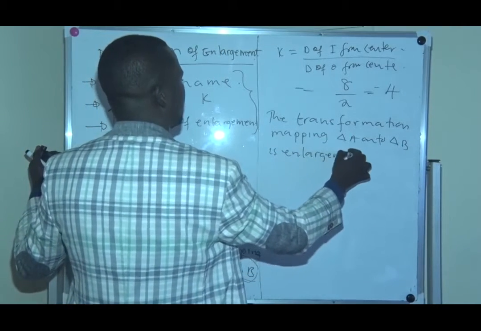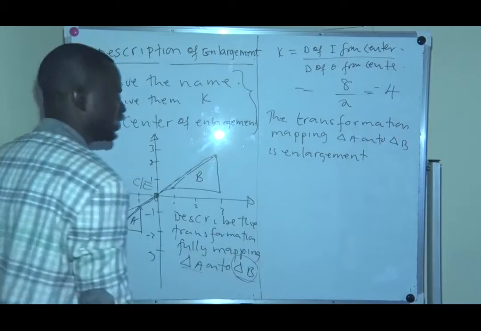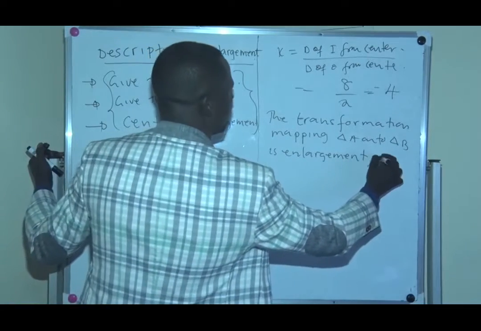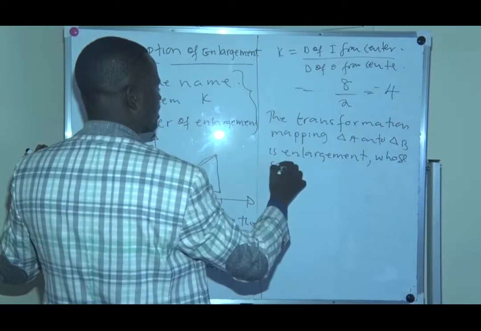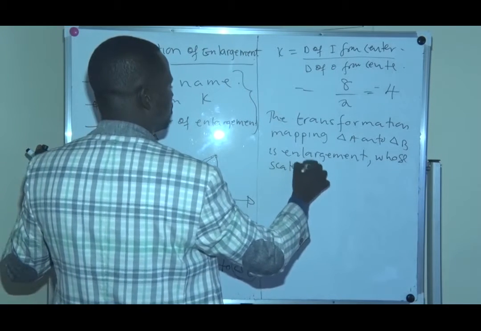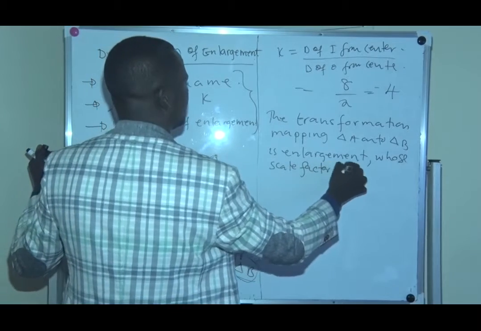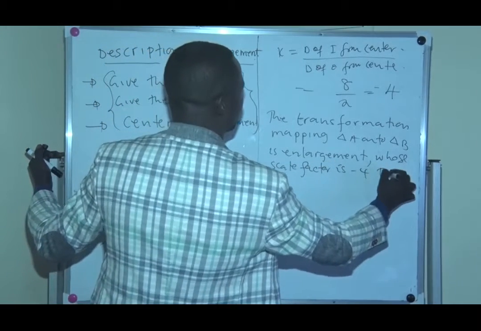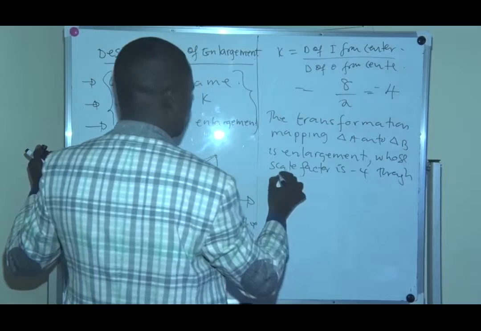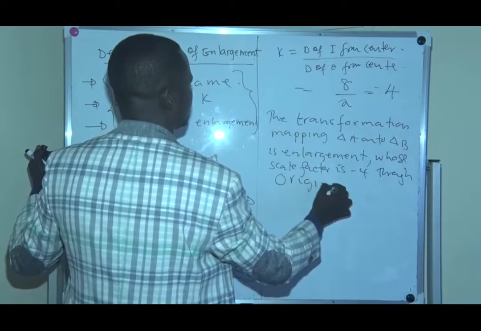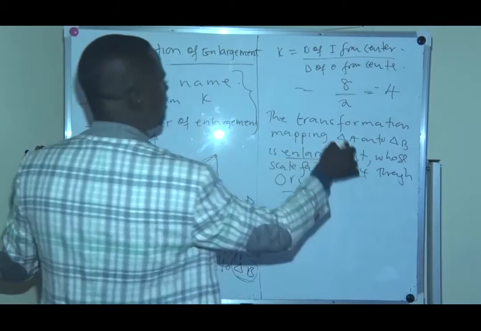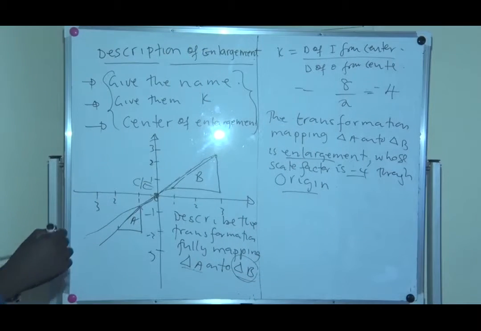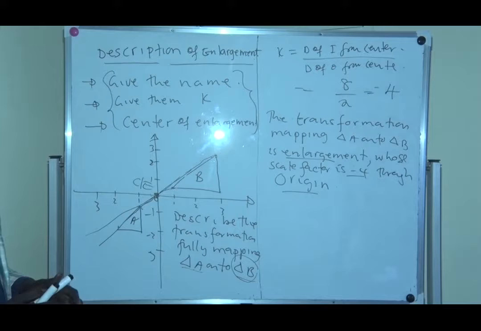You tell them the name, which can be half a mark or 1 mark, is enlargement, whose scale factor is -4 through the origin. So there is a center, there is a scale factor, and there is the name. That's what makes the description complete.